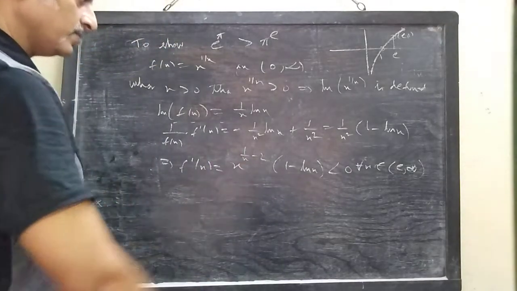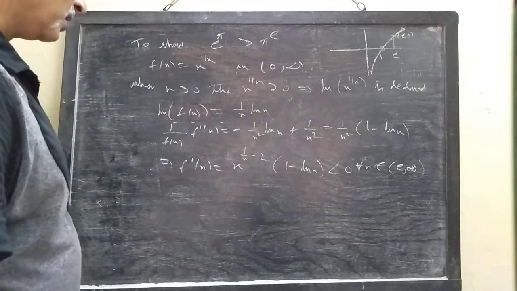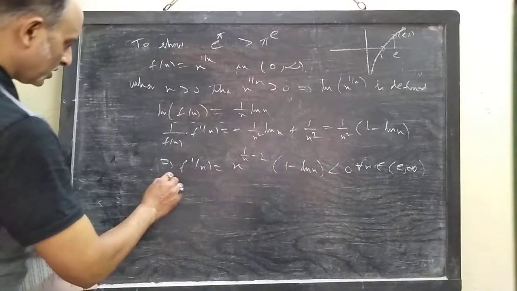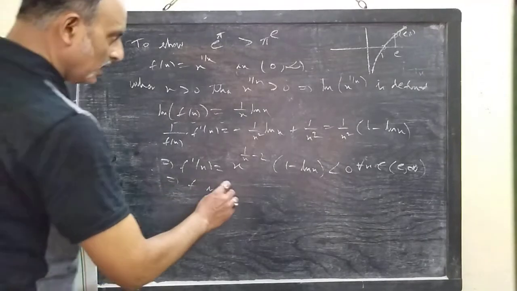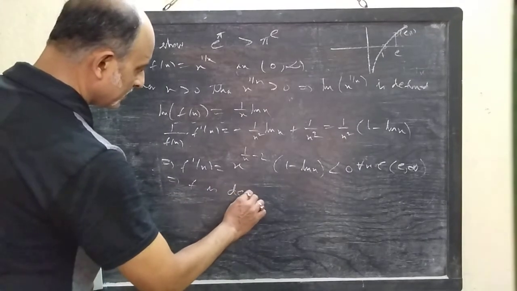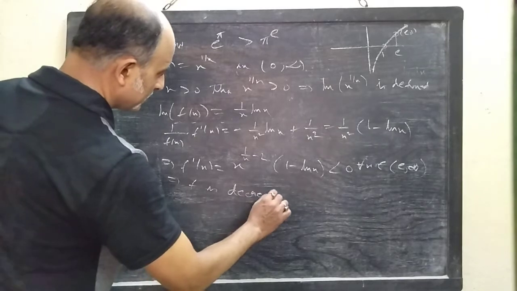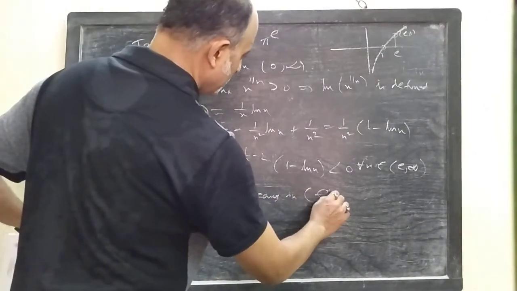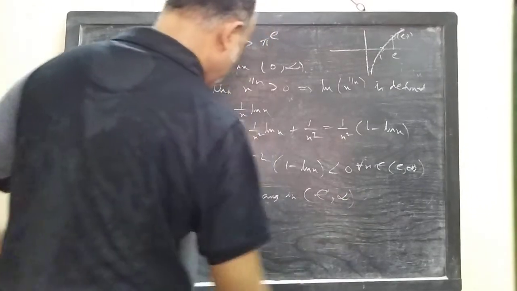Because this is positive and this is negative, so the product is negative. So you can conclude f is decreasing in the interval e to infinity.